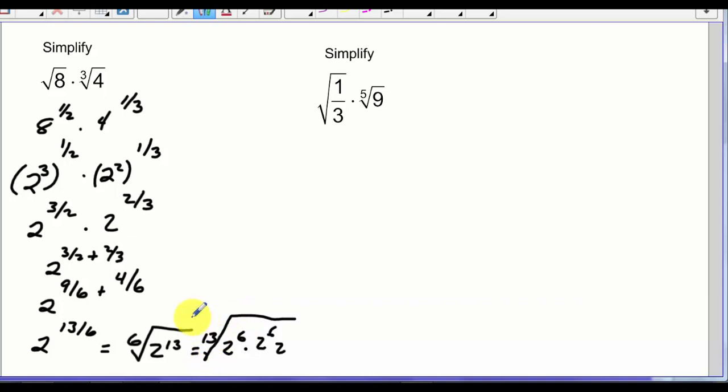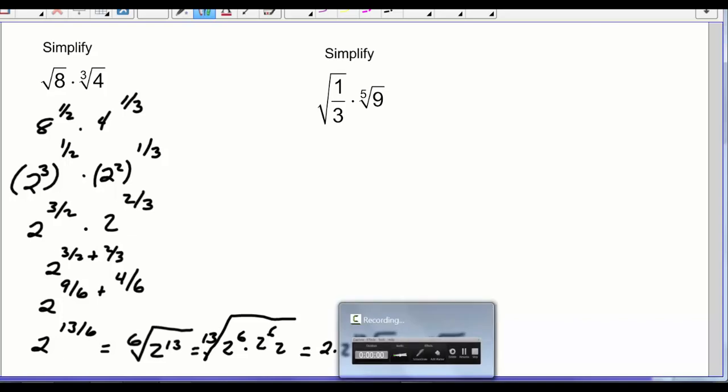So given that, we finish up and say that's 2 times 2 times the 6th root of 2, or 4 times the 6th root of 2, and that's our answer.